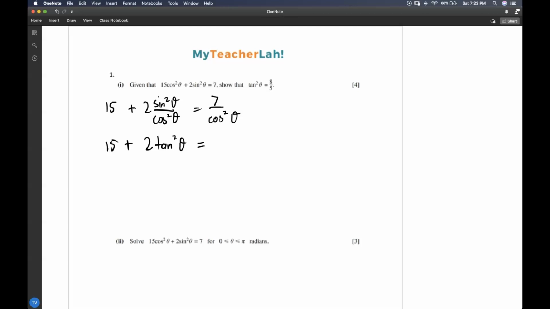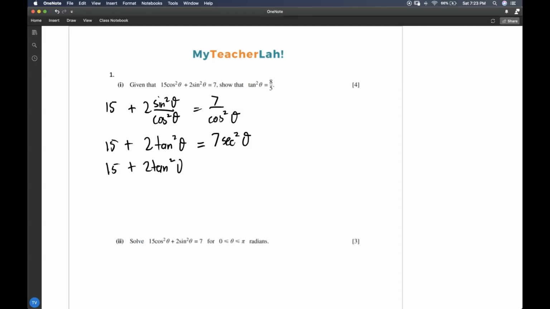So 7 over cos squared theta is actually equivalent to 7 secant squared theta. This is because of the reciprocal. Now, we also know that secant squared theta can be expressed in terms of its identity. Therefore, let's make that substitution.